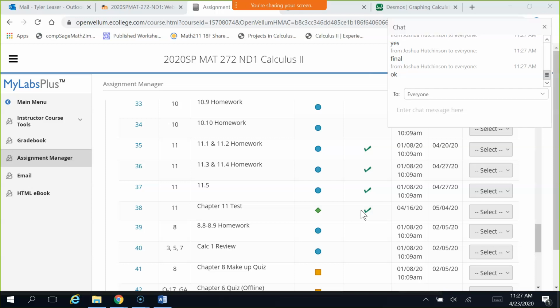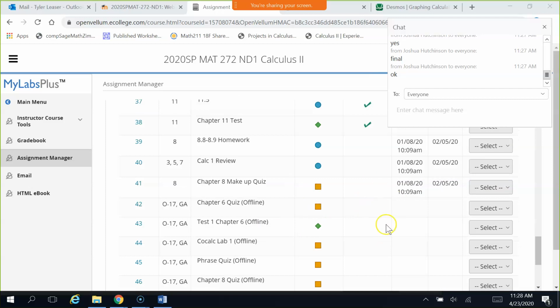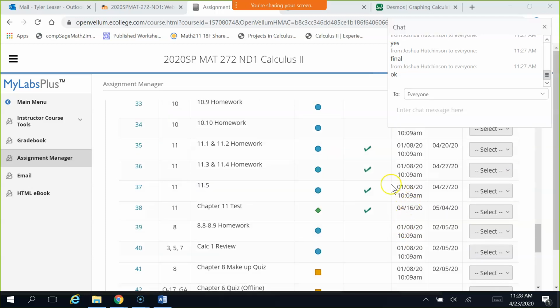I'm going to try to come up with some other exam practice stuff too online here. So I'm going to make a practice final here in MyLabs, just because your exam is going to be in MyLabs, and I think it would be better to see the types of questions from there. It'll probably be a pretty big assignment, like 50 or so questions, but just know that your exam itself is not going to be that many. I'm kind of shooting for around 20 questions for the final exam.